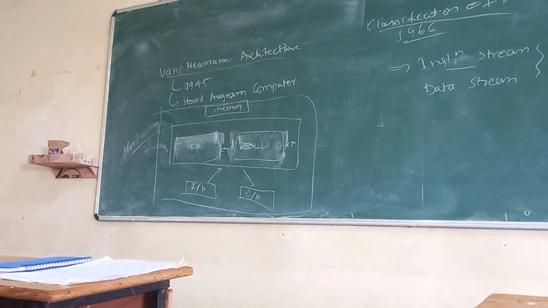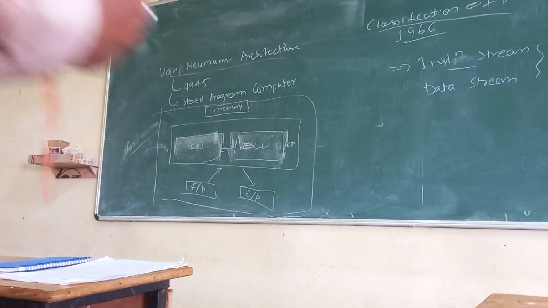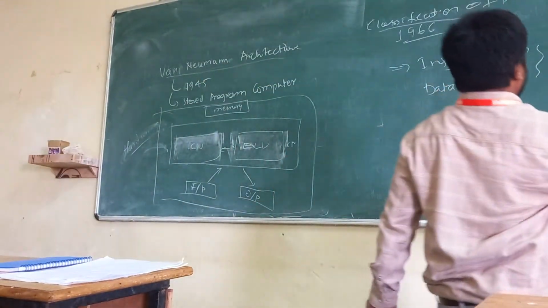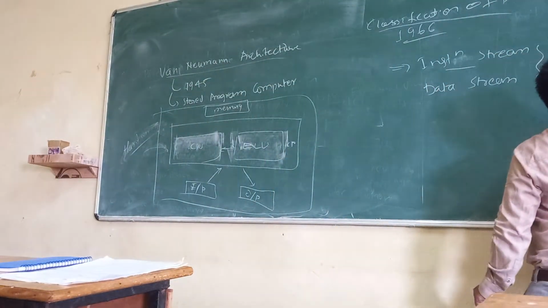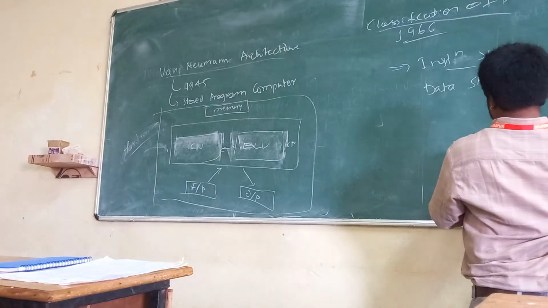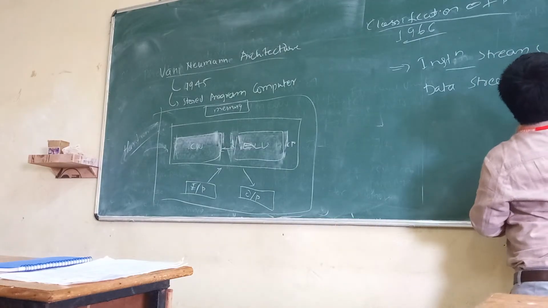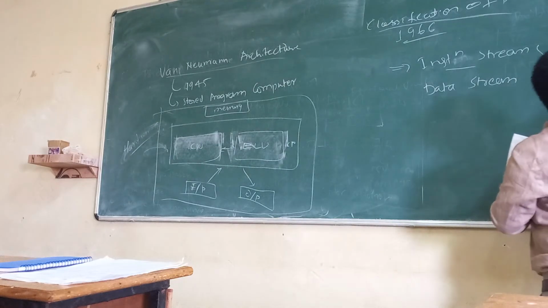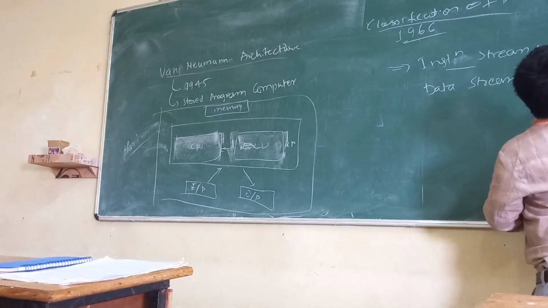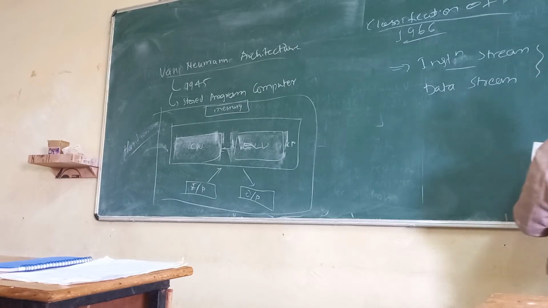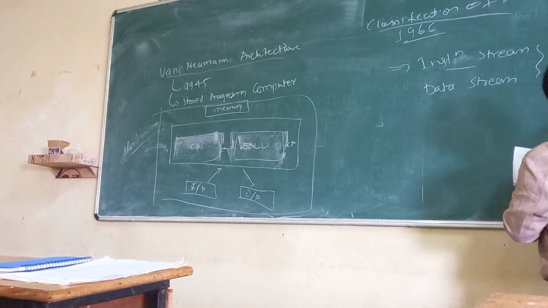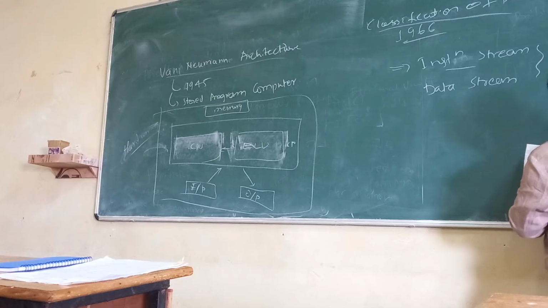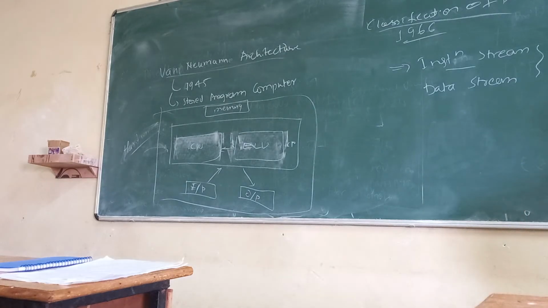Usually this is what we call Flynn's taxonomy. This classification is what we call Flynn's taxonomy.